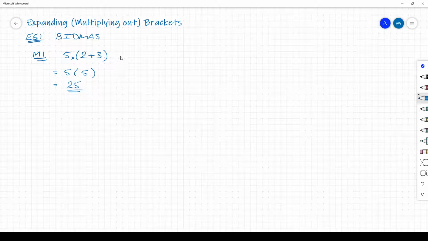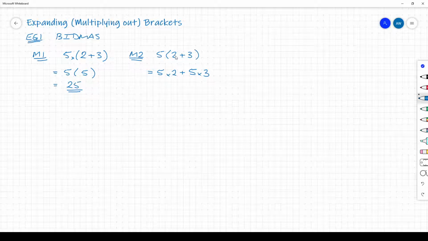Okay, now let's look at method 2. Let's look at what happens if we take our 5 bracket 2 plus 3 again, but this time I'm going to multiply the 2 by 5 and then add that to 5 multiplied by the 3. And let's see if we get the same answer.